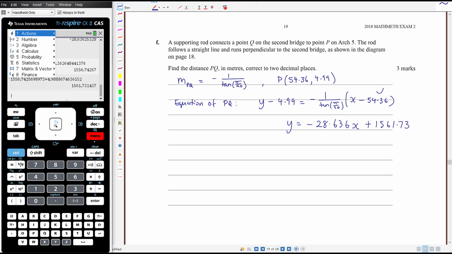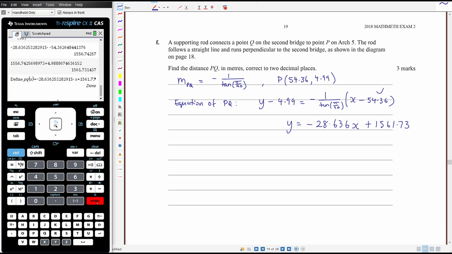I'm going to define that. Menu 1.1, PQ of x equals, now I'm going to get these nice exact values, so it's going to be that times x plus this. Okay, so that's the equation of PQ.